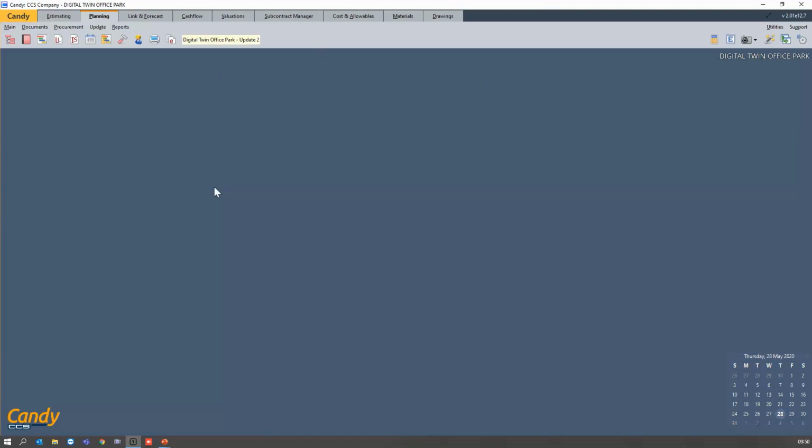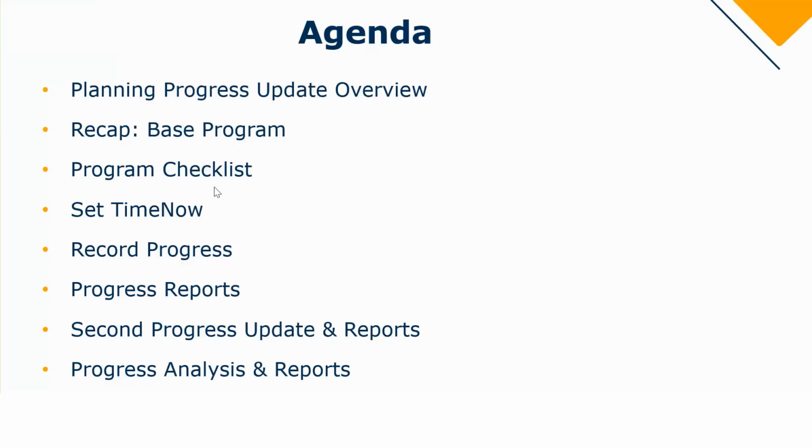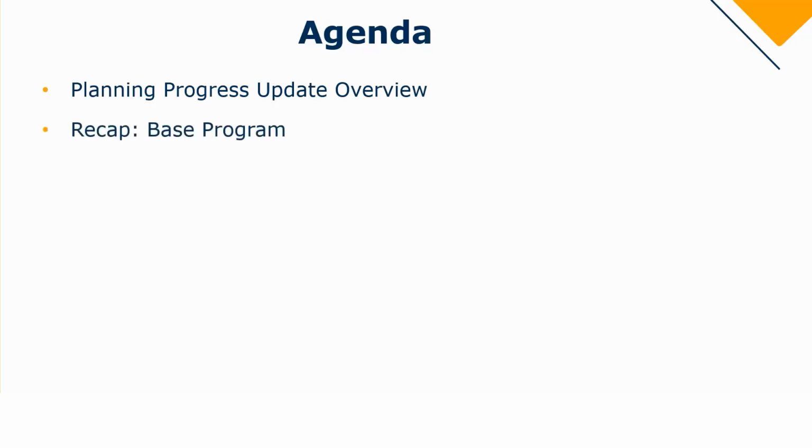So that brings us to the end of this webinar. Just to refresh your memory of what we have done, we had a look at the Planning Progress Update overview. We recapped on the base program. We had a look at the program checklist.